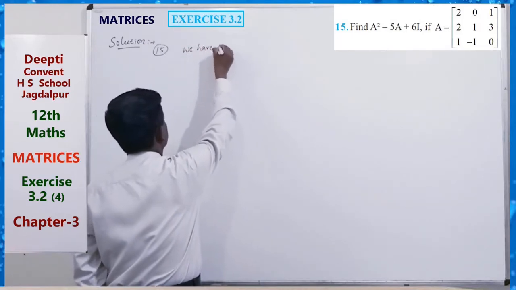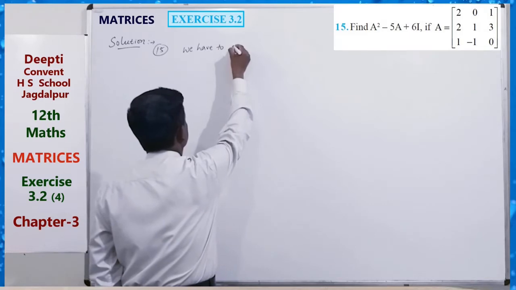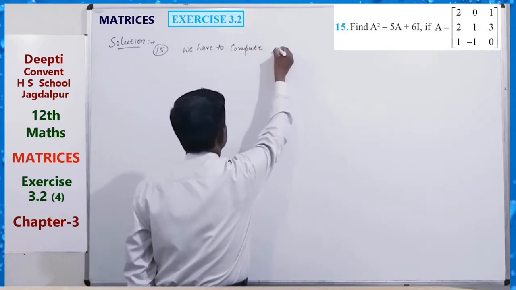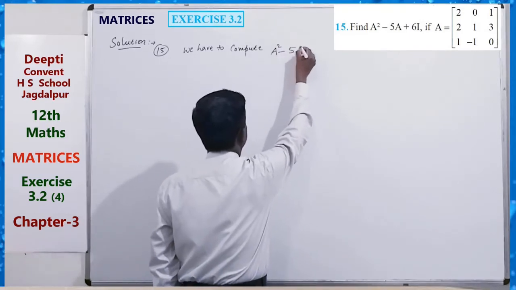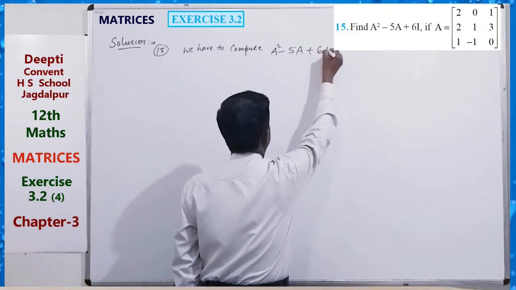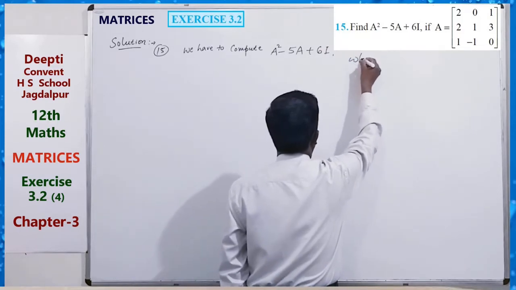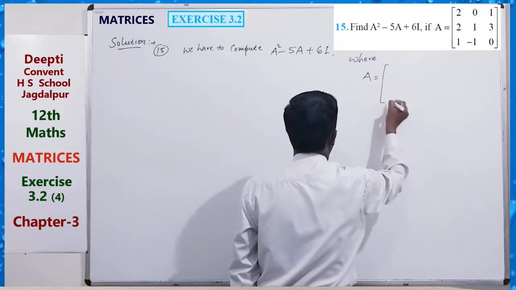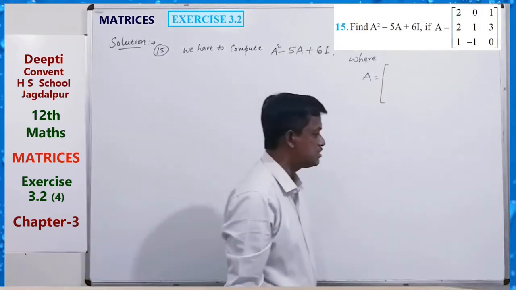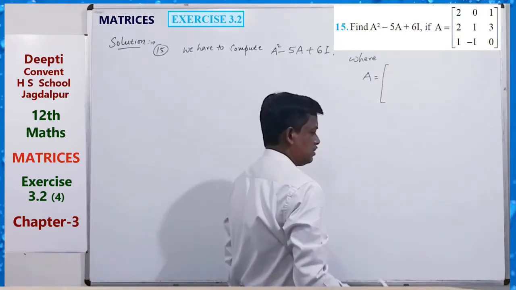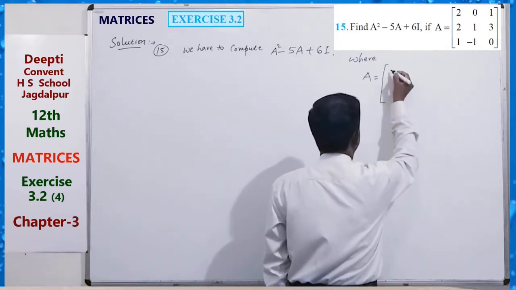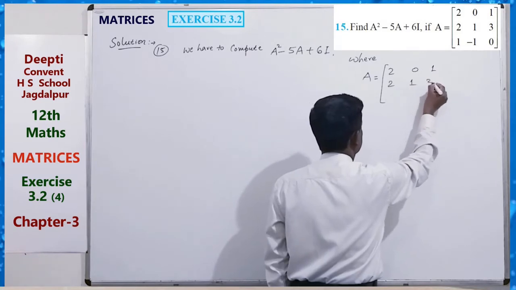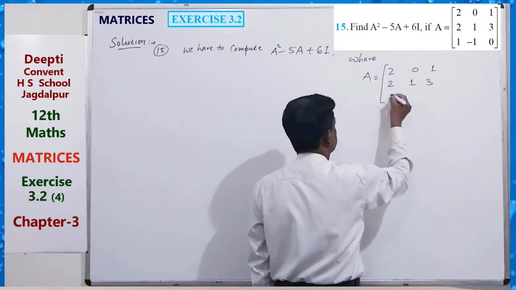We have to compute A square minus 5A plus 6I, where A is given as the matrix 2 0 1, 2 1 3, 1 minus 1 0.